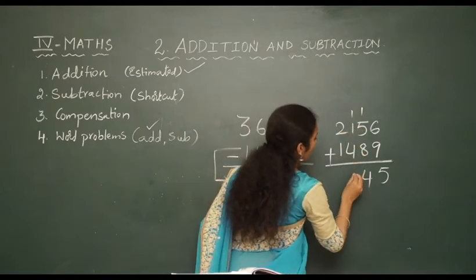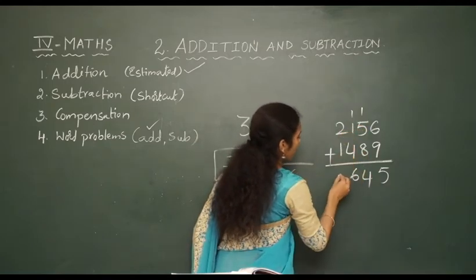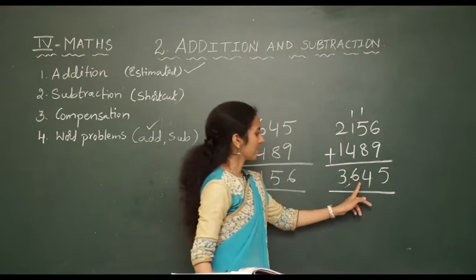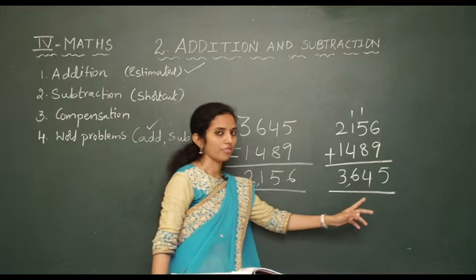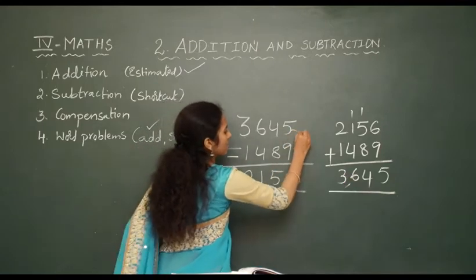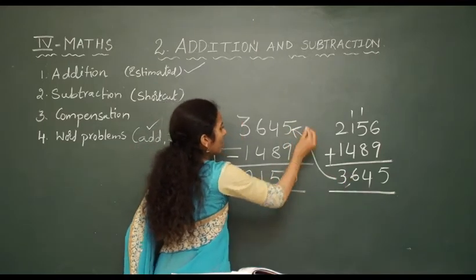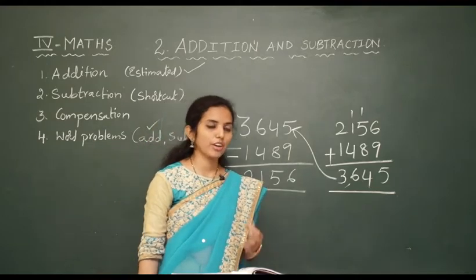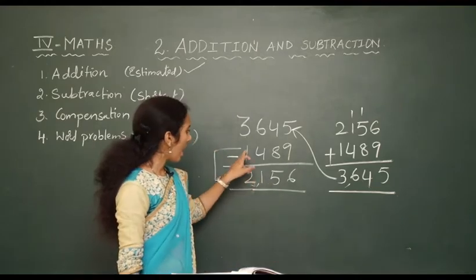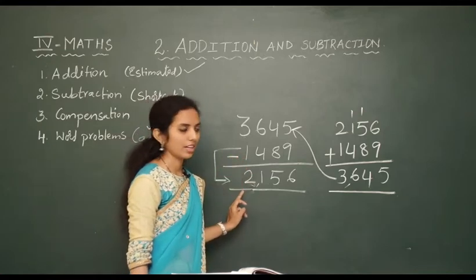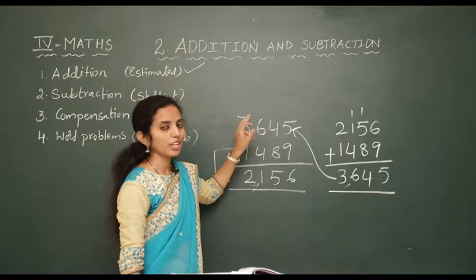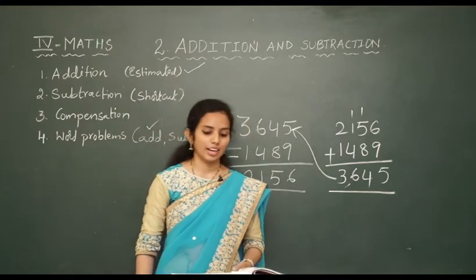So 2 plus 4 is 6 and 2 plus 1 is 3. So this is 3645. This is same as this number. So in this manner we cross check our subtraction. If you have any doubt, just add the second number and the result. Then if you get the first number you wrote in the subtraction, then your subtraction is correct.